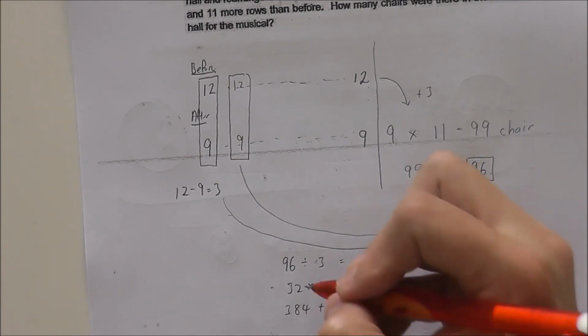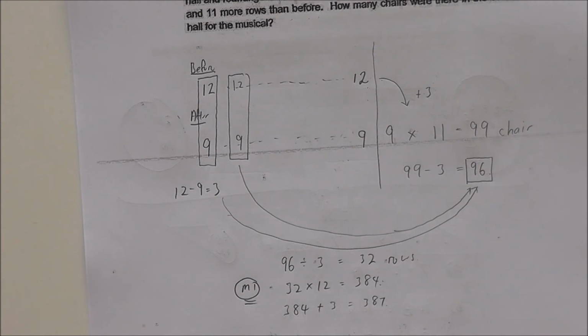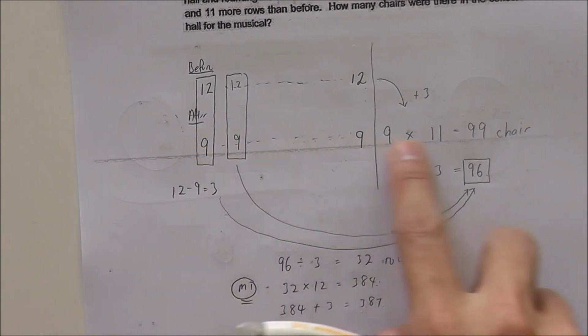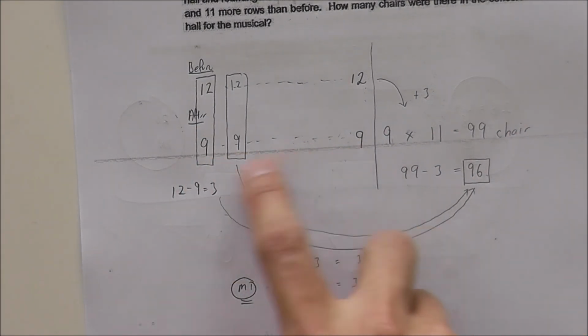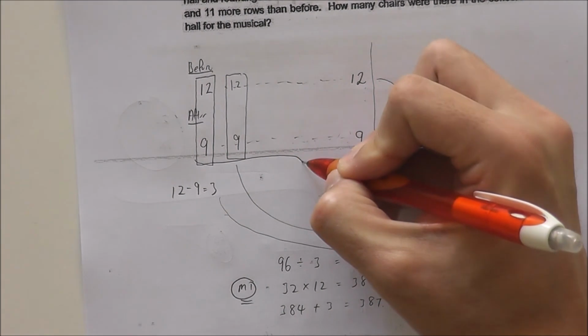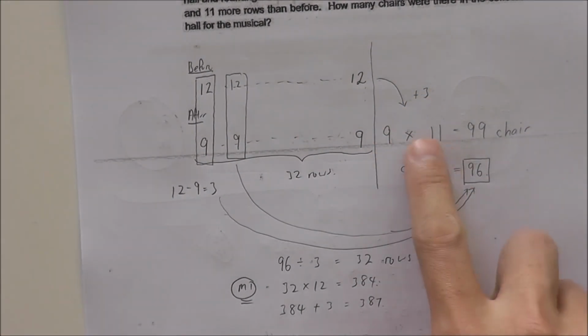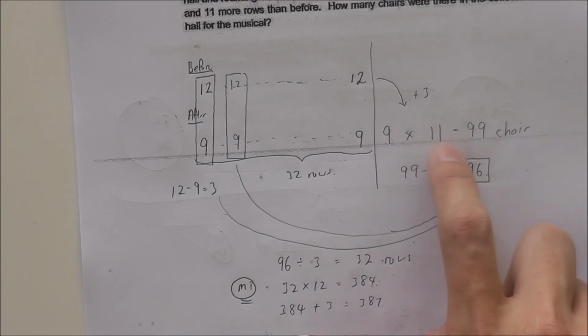Okay guys, so this is method 1. I can teach you method 2 as well. Since we know that this is after, we can calculate based on after as well. So after they are all together, down here there are 32 rows, which we have calculated. 32 rows of 9. And then on the right side there's 11 more rows of 9.